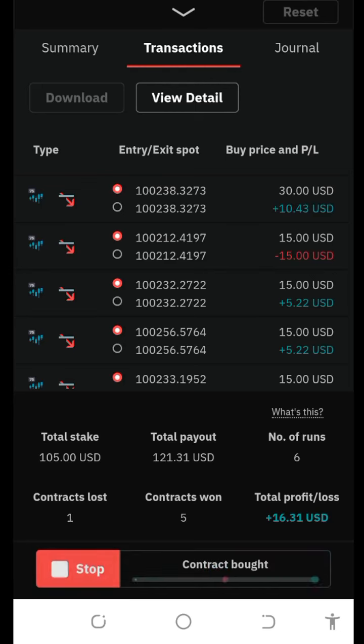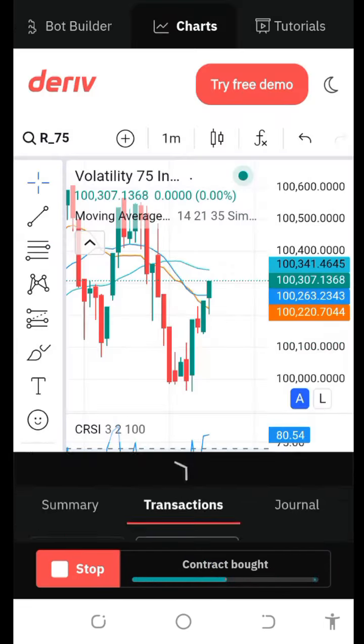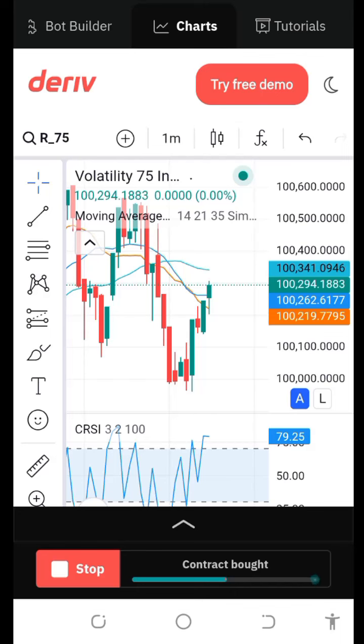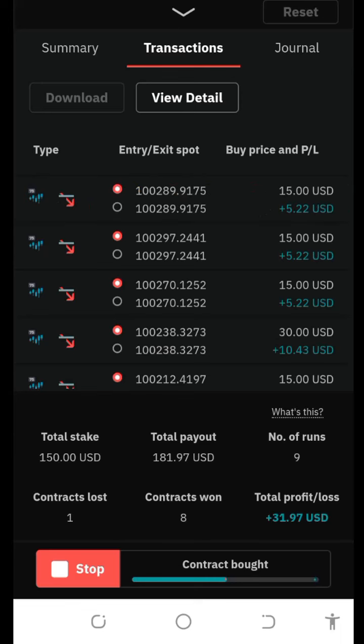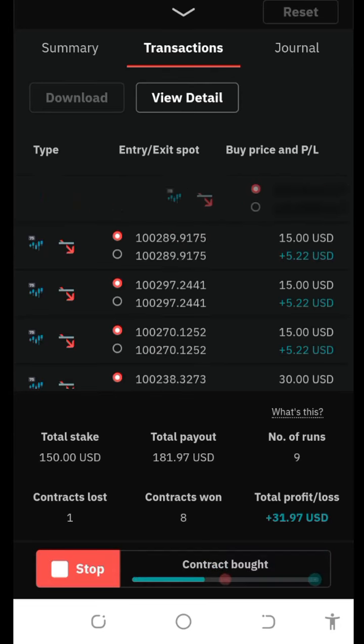Okay, so you can use this strategy to grow your small account, and you can see we are getting a majority of wins, so it means the strategy works and the entry point works. Okay, you can see now there is an upward trend, but remember we entered the market when there was good strength or momentum for the under market.